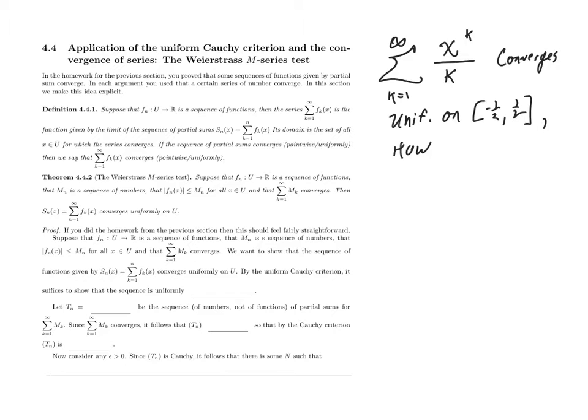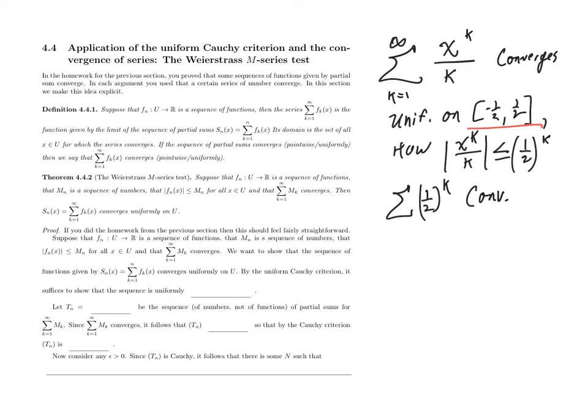Well, the rough sketch of what happened is you used the fact that the absolute value of x to the k divided by k is less than or equal to 1/2 to the k, because x is in here. And because you know that, you could use the fact that the sum of all of these 1/2 to the k's converges.